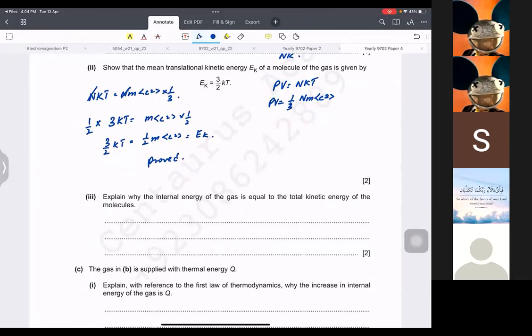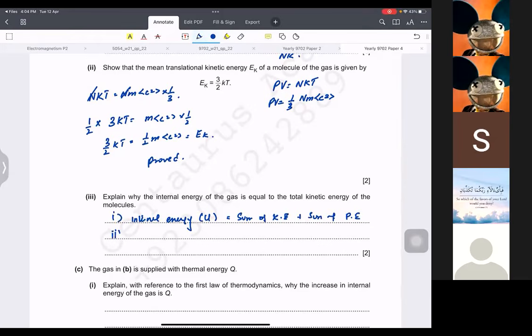Now explain why the internal energy of gas is equal to total kinetic energy of the molecules. Because you guys need to understand. For two marks, write this. First we write internal energy U is equal to the sum of kinetic plus sum of potential energy. This is for 1 mark.